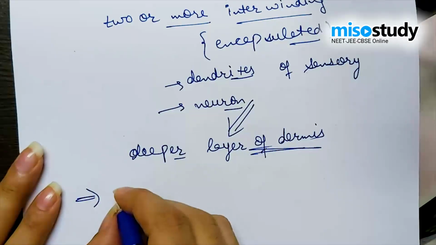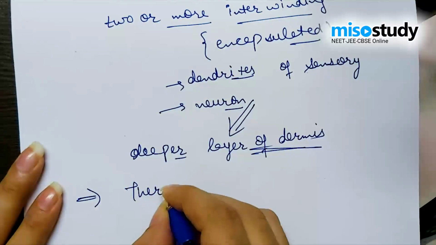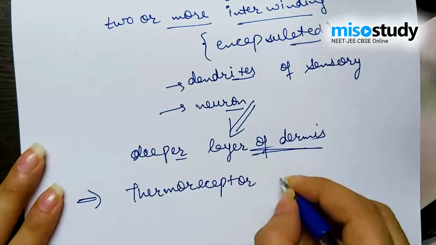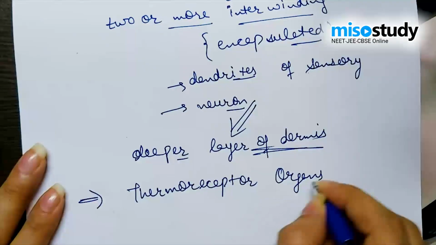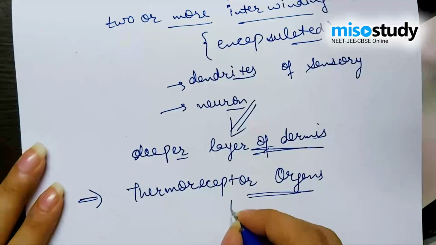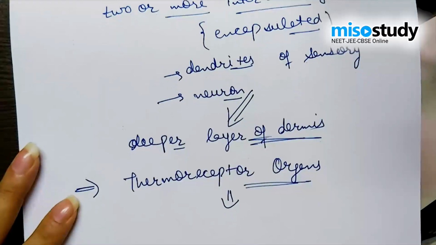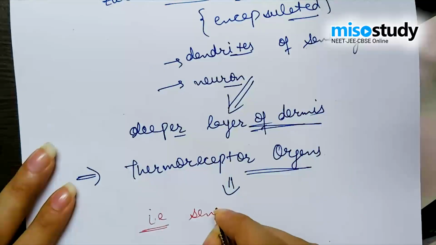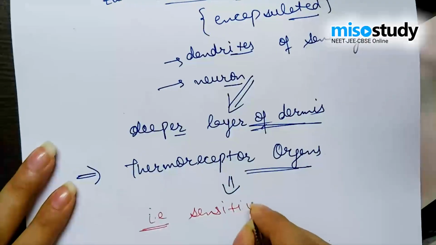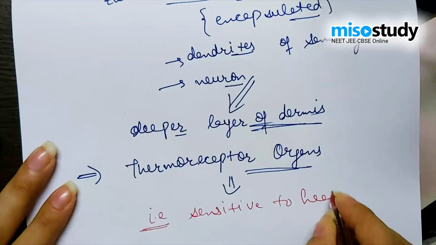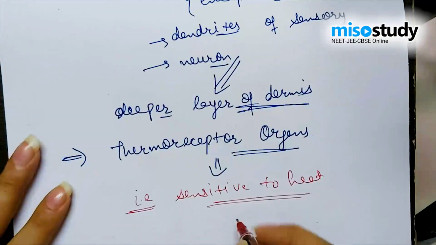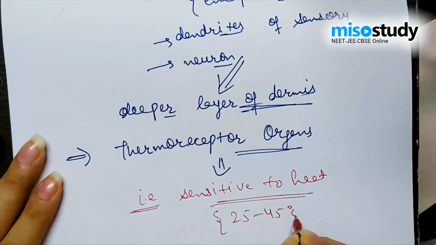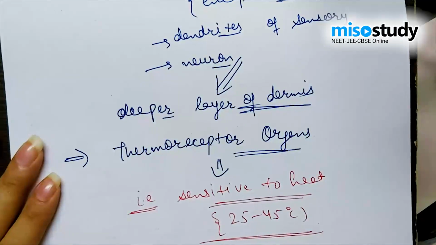These receptors are known as thermoreceptor organs that are very sensitive to heat, and the temperature varies from 25 to 45 degrees Celsius.